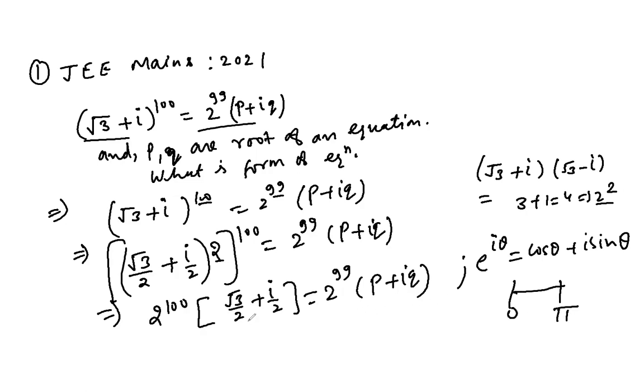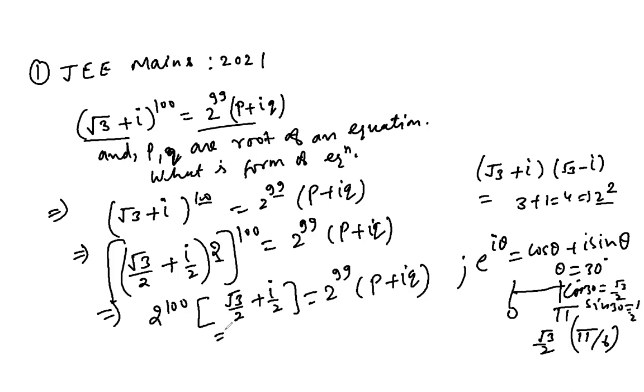You can think easily that root 3 by 2 is the value of cos for pi by 6, so this is like theta. If theta is 30 degrees, then cos 30 is simply root 3 by 2, and sin 30 is simply 1 by 2.